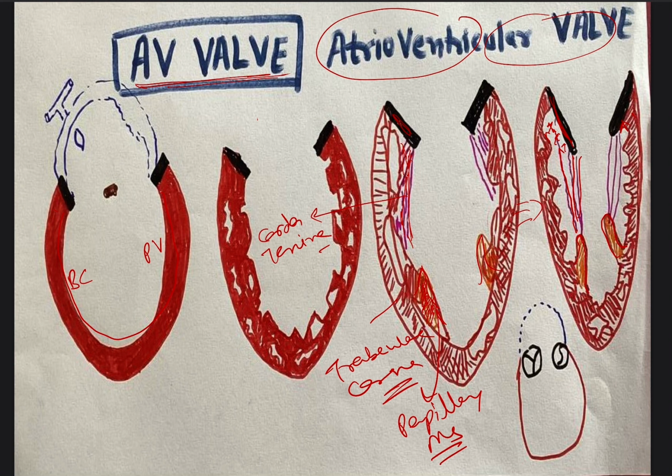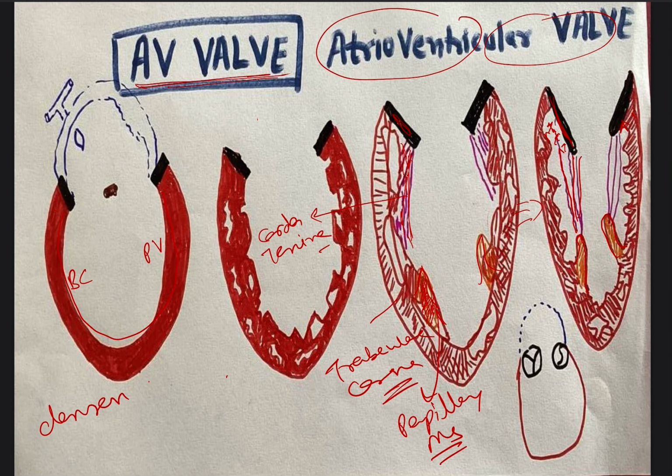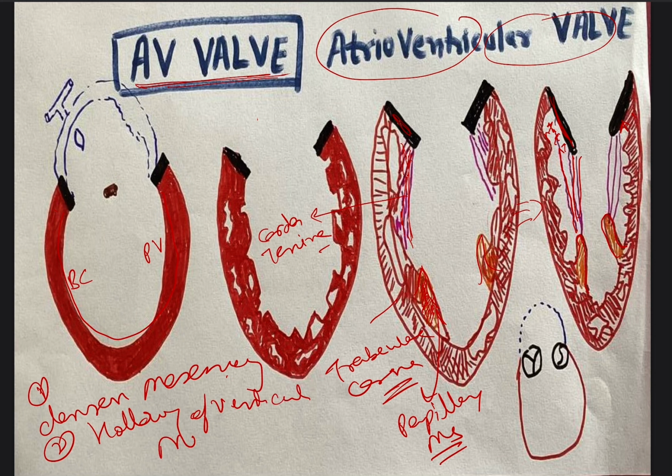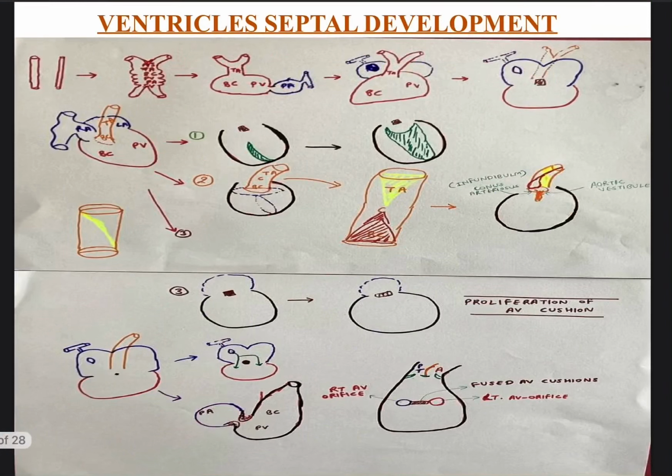So in a nutshell, this AV valve is formed through dense mesenchyme and hollowing of ventricular musculature, and finally they form chordae tendineae, trabeculae carneae, and papillary muscles, and finally they form this bicuspid valve and tricuspid valve. This is bicuspid, which is connecting left atrium to left ventricle, and this is right atrium to right ventricle, tricuspid valve. Now we are going to discuss ventricular septal development.